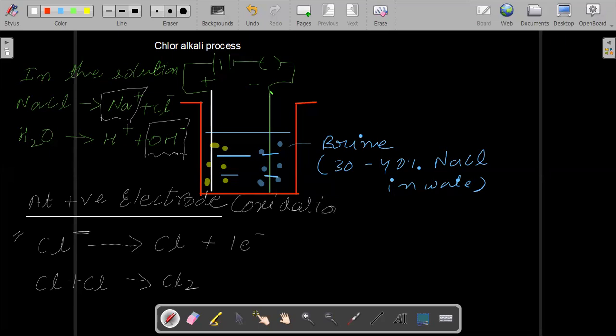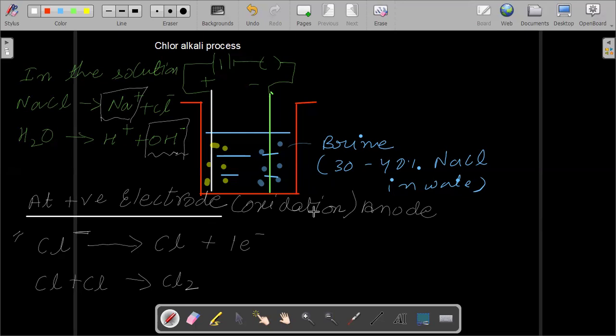And hence the name anode. The positive electrode is called the anode because oxidation occurs at this plate. Got it? Chloride ion is losing electrons, so oxidation occurs here.